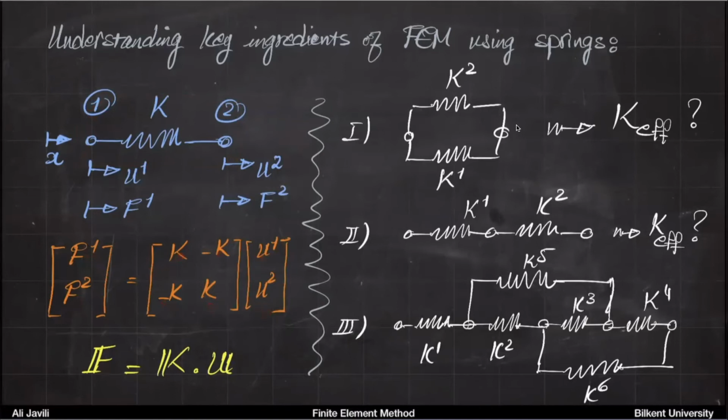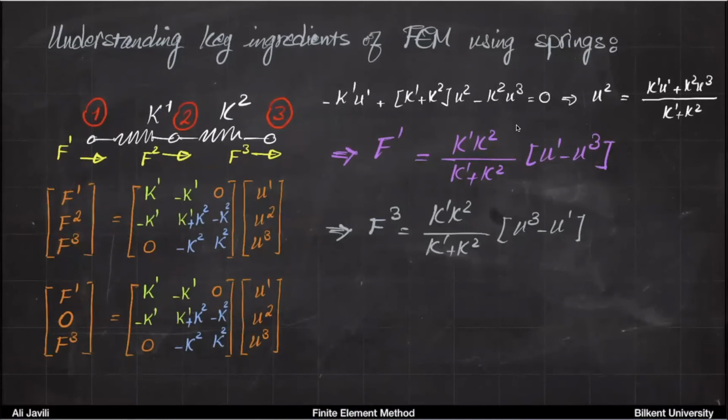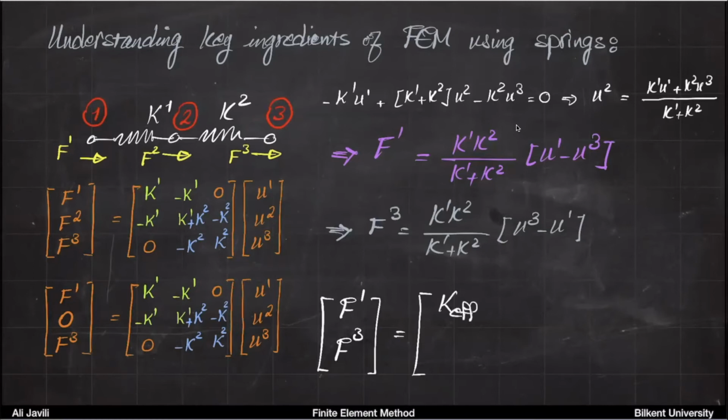You basically now have the same structure, except that it's not between node 1 and 2, it's actually between nodes 1 and 3. So it's as if you have a system which looks like this. F1, F3, okay, maybe I can call that K effective now.